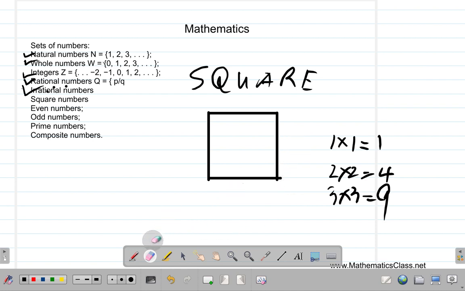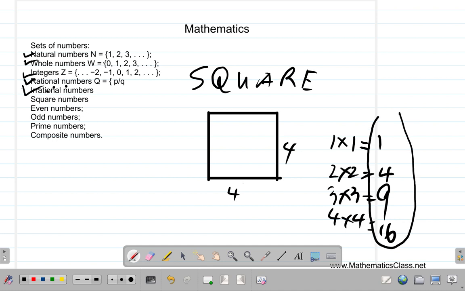Now, here, we could have 4, and we see that 4 by 4 is 16. So these over here are the square numbers. So the square numbers would be 1, 4, 9, 16.